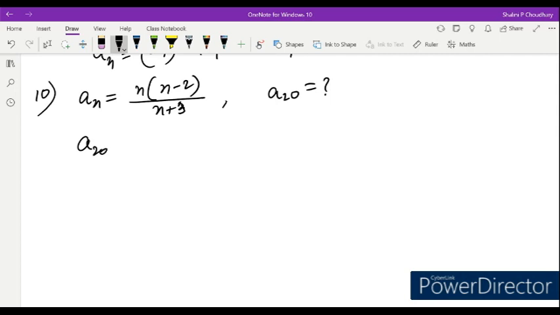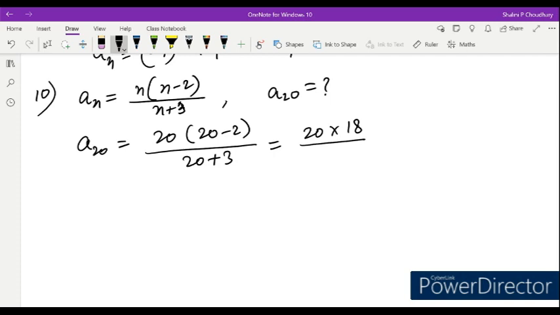So a20 will be equal to 20 into 20 minus 2 upon 20 plus 3. So it will be 20 into 18 upon 23. Okay, so it will be 360 upon 23. This will be the value.